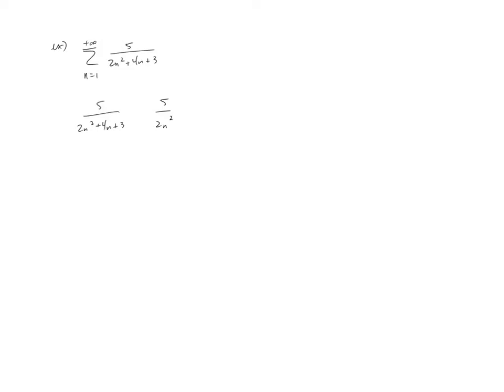So therefore, our inequality says this. Now, we're not out of the woods yet. We need to make sure the inequality holds for what it is we're trying to do. So I would come over here and investigate the series 5 over 2n squared. That's the same thing as 5 over 2 times 1 over n squared, which I know converges by p-series, since that p-value is bigger than 1.